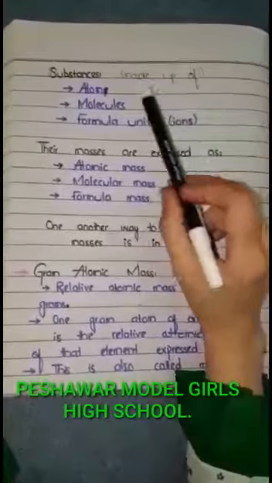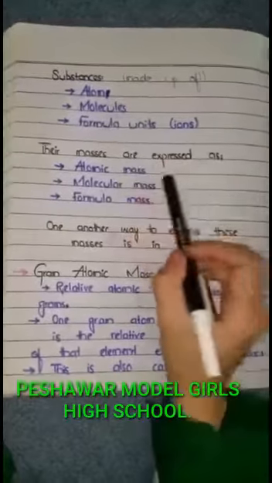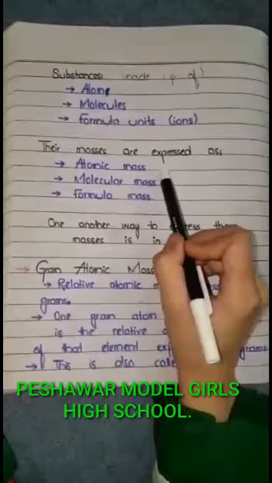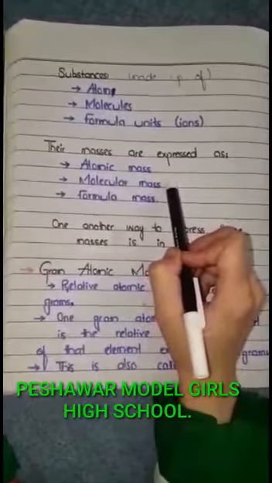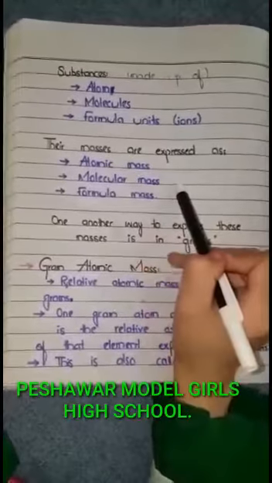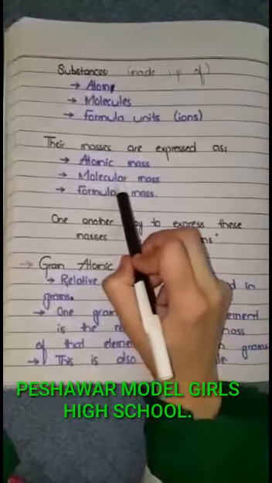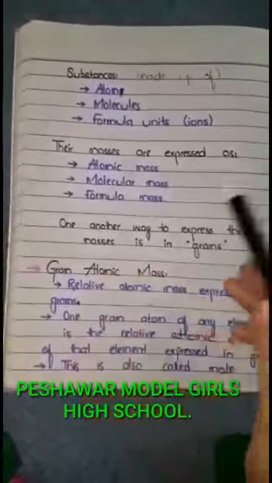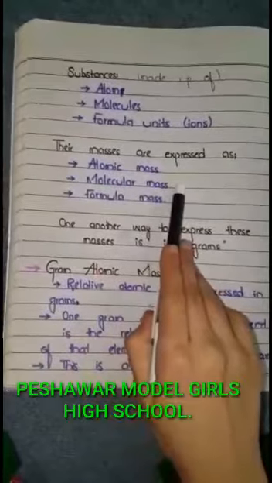Now, if the mass of an atom is calculated, it is its atomic mass, and we already knew that atomic mass is the number of protons and neutrons that are present within the nucleus of an atom. While for molecules, we talk about molecular mass, and that means the different atoms that are present within the molecule, their masses are added, and the number of times they are present, they are multiplied with it. We will get molecular mass.